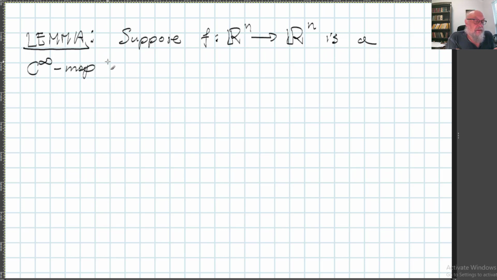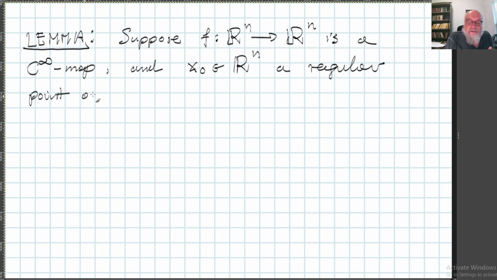Suppose x naught belongs to Rn, a regular point of f such that f of x naught is equal to 0.